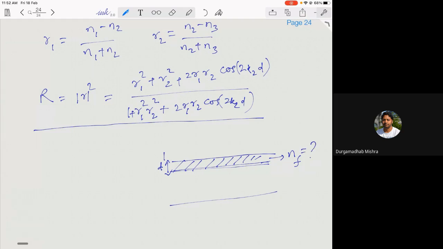So in this situation we just derived, we have two boundaries here. One boundary is the top one, air and the film, and then the film and the glass, or film and the material. So we can write down here R1.